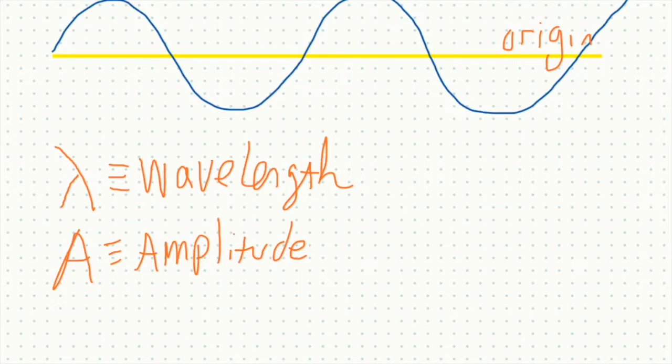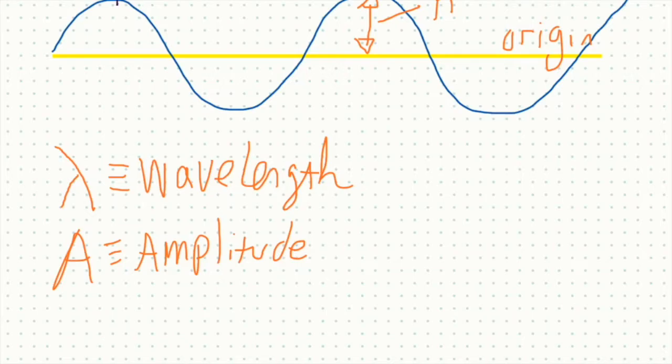The displacement from equilibrium, same as the SHM lesson not long ago, is called the amplitude, right? The amplitude is right there. And the wavelength, well, that's literally the length of the wave, right? So that's measured either from crest to crest. That's called a crest. The top of the wave is called the crest.